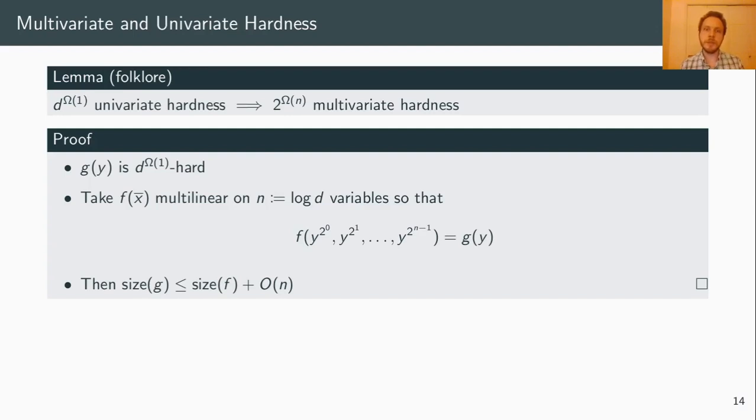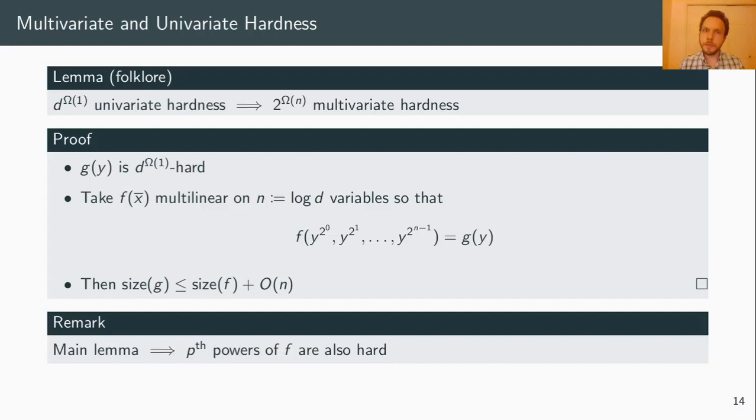This is going to be our main tool to translate between the multivariate and univariate regimes in our proof of this theorem. What's really going on here, to some extent, is that from our main lemma that we proved on taking pth roots, not only is f inheriting the hardness of g, but in fact f to the p is inheriting the hardness of g, and f to the p squared is inheriting that hardness, and so on.